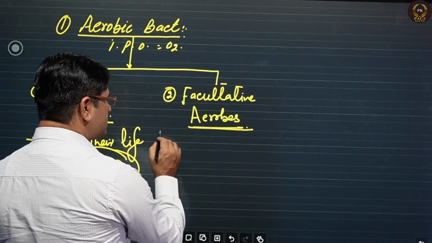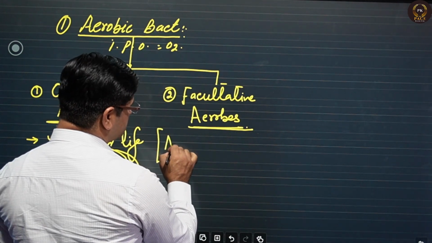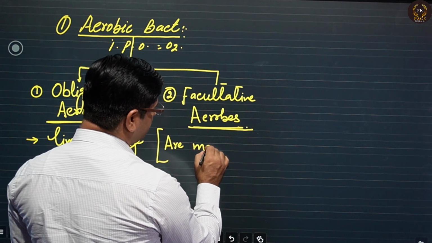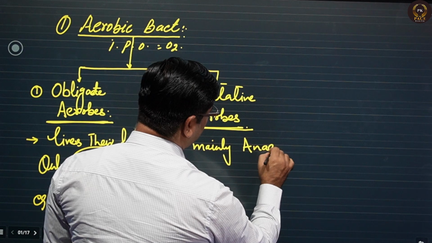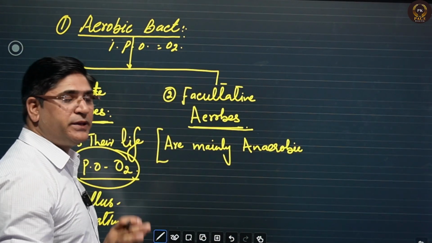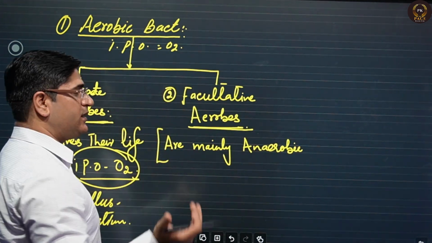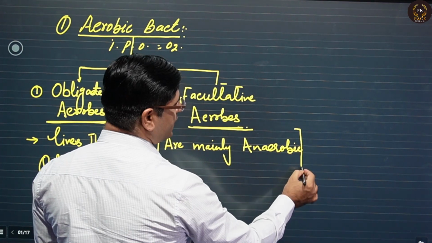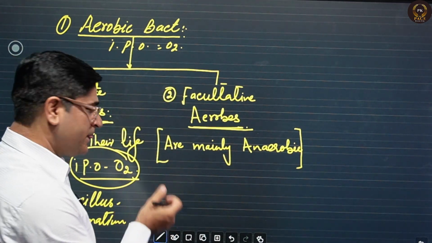Facultative aerobic bacteria are mainly anaerobic, who respire anaerobically mainly. Their main respiration is anaerobic respiration, living in absence of oxygen.